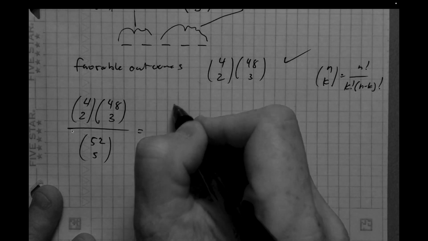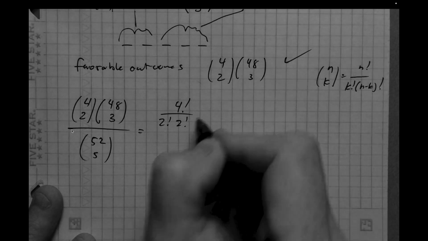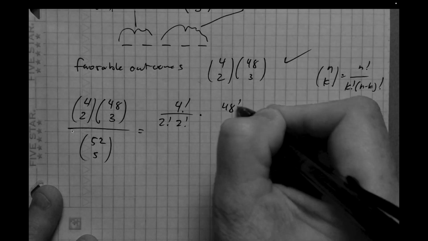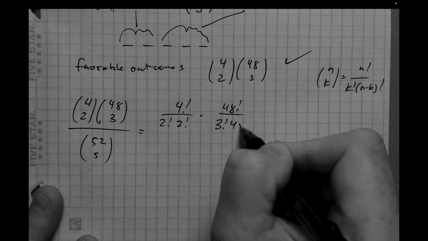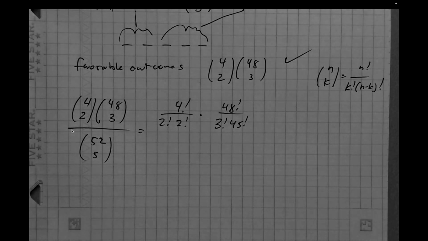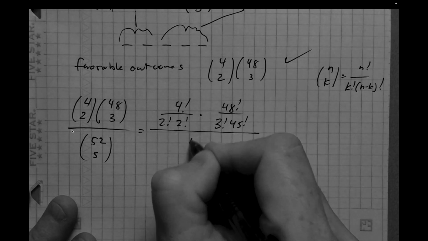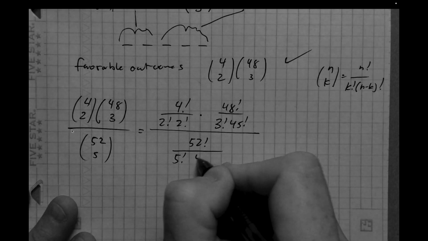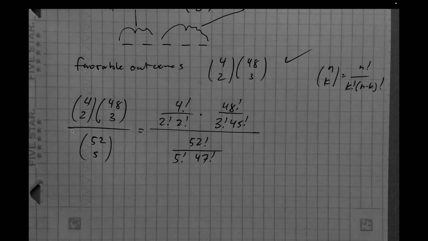So over here, that means you have 4 factorial over 2 factorial 2 factorial, times 48 factorial over 3 factorial 45 factorial. That's the numerator. The denominator is 52 factorial over 5 factorial 47 factorial, since 52 minus 5 is 47.